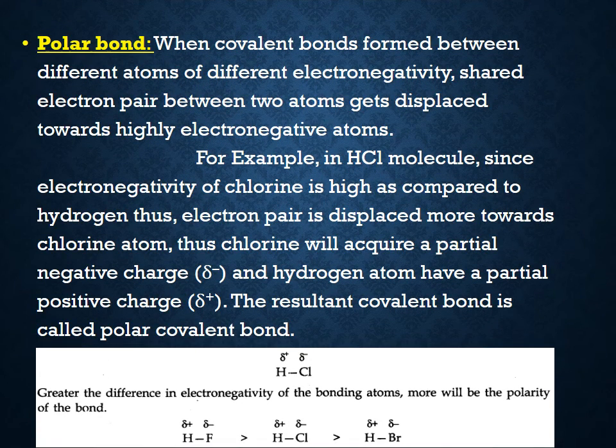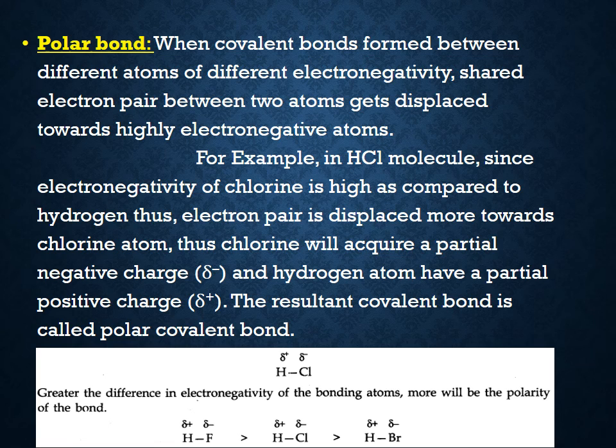Polar bond. When covalent bonds are formed between different atoms of different electronegativity, the shared electron pair between the two atoms gets displaced towards the highly electronegative atom.